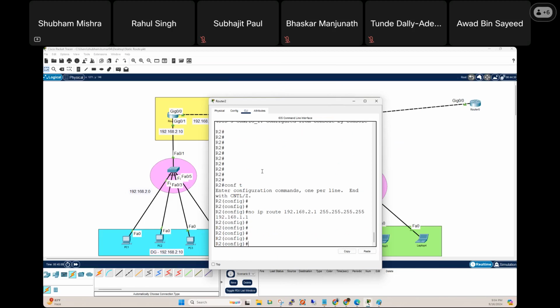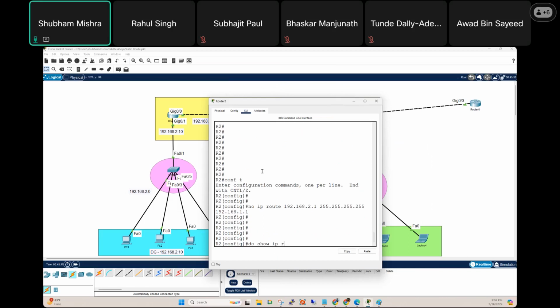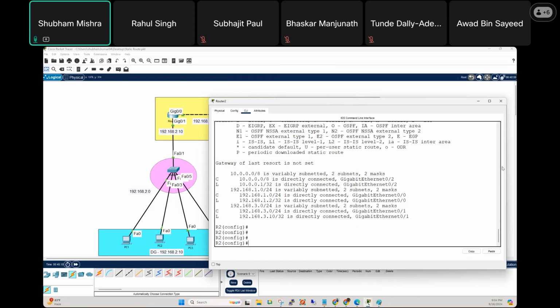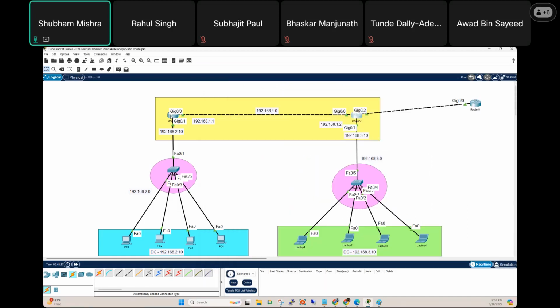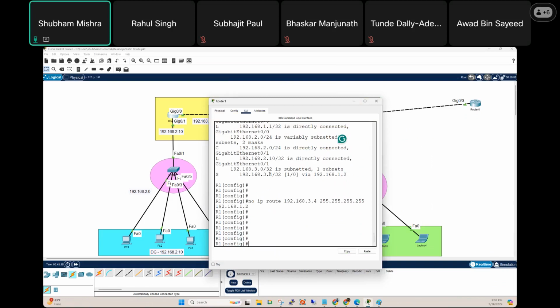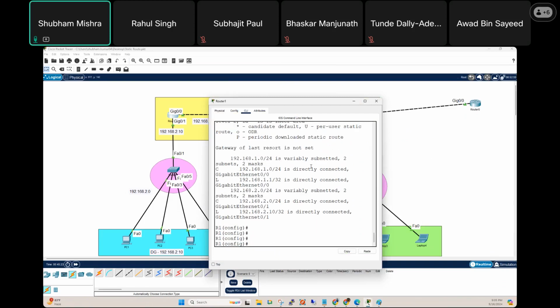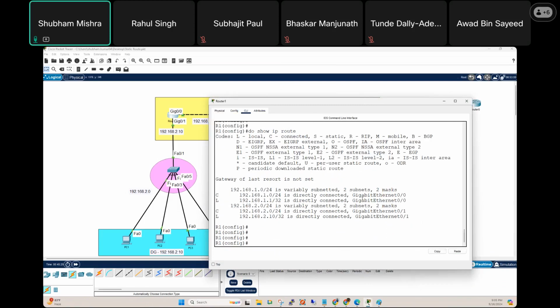Okay, no problem, I remove it from R1. Do show ip route. I don't think right now any routes are there. No routes are there, right? Okay. So static floating routes mean, let's suppose I configure any dynamic route.